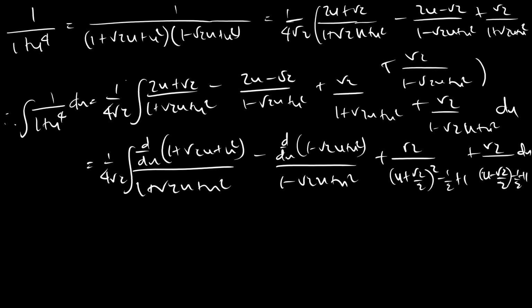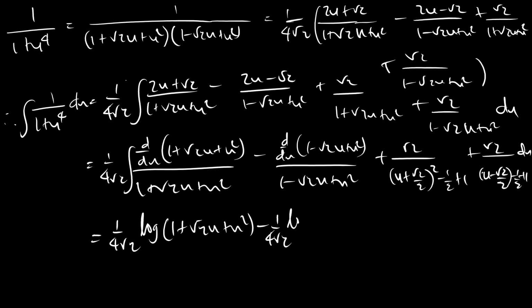Okay, so here we get the natural logarithm of 1 plus root 2 u plus u squared minus 1 over 4 root 2 natural logarithm of 1 minus root 2u plus u squared.